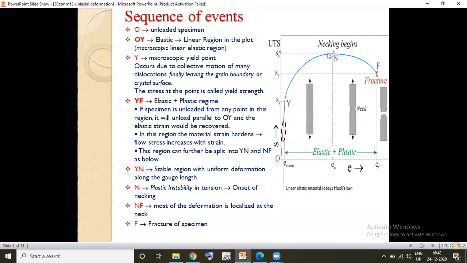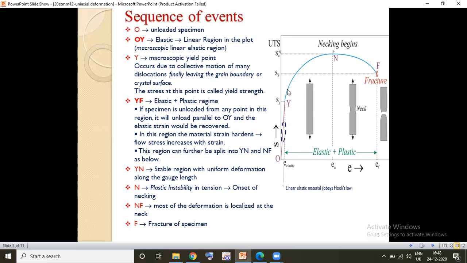Upon increasing the load, due to the further multiplication of the dislocations, the force increases. You can see that the dislocations are going to the top of the surface. At this position, the dislocations reach the surface of the material or the grain boundaries.